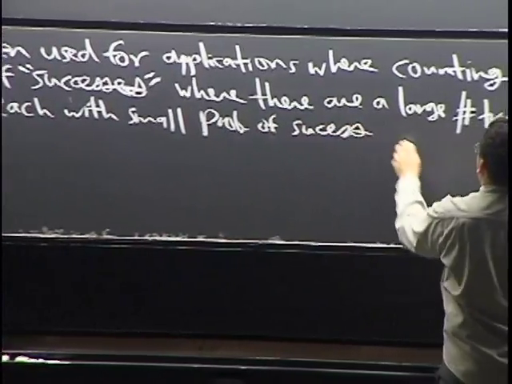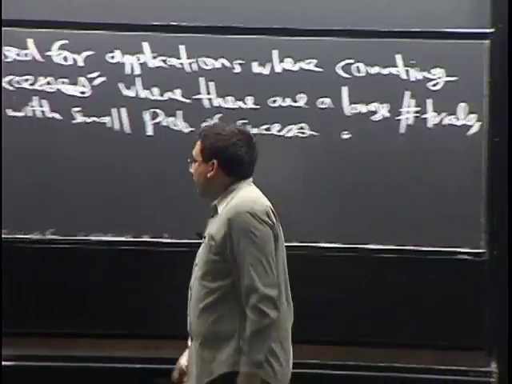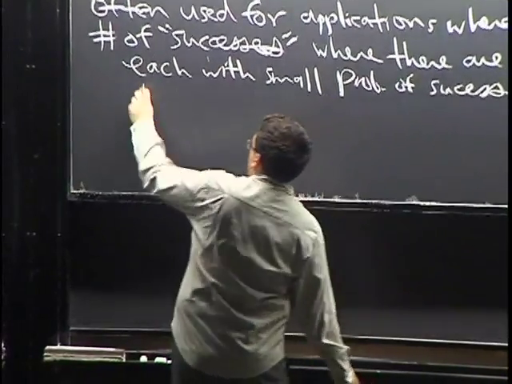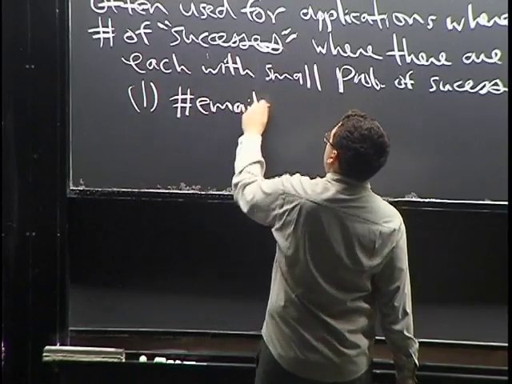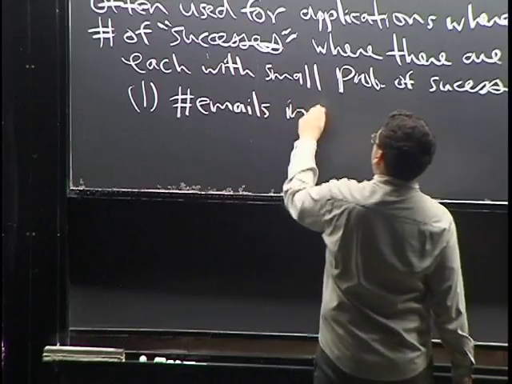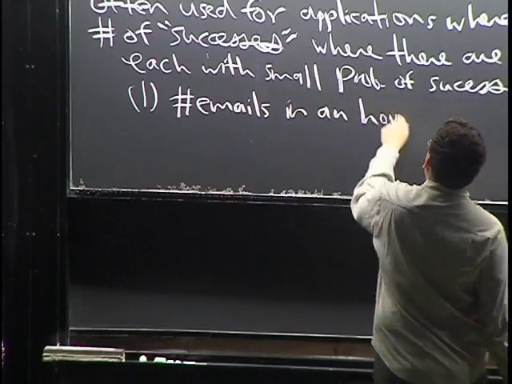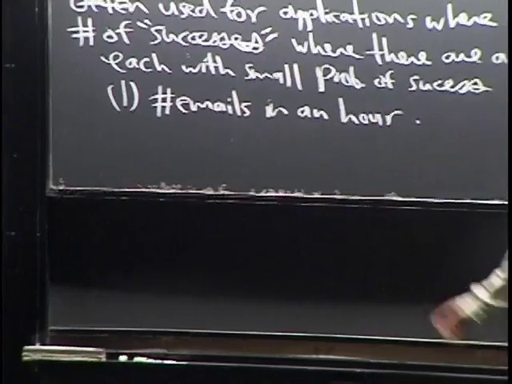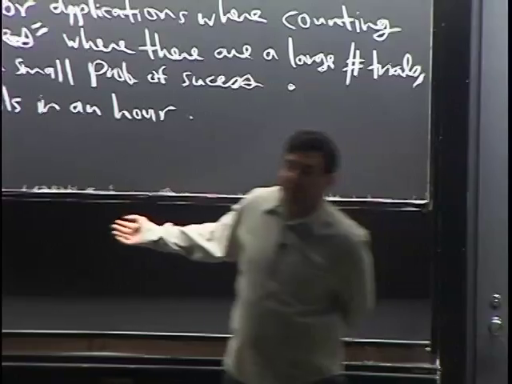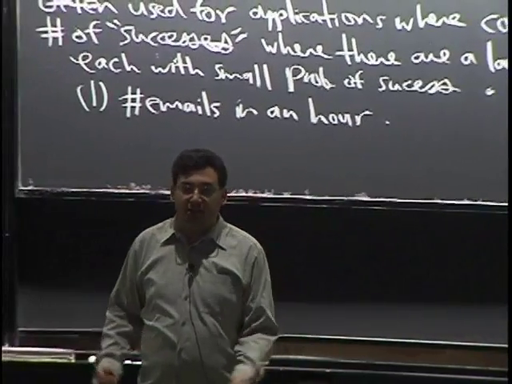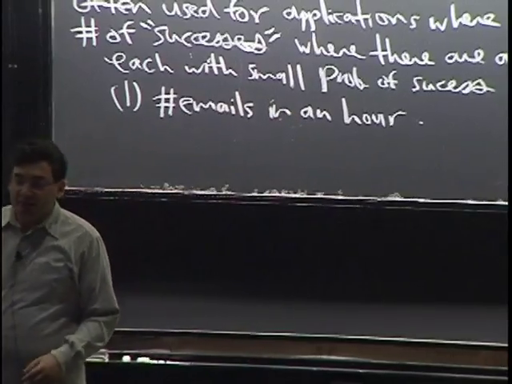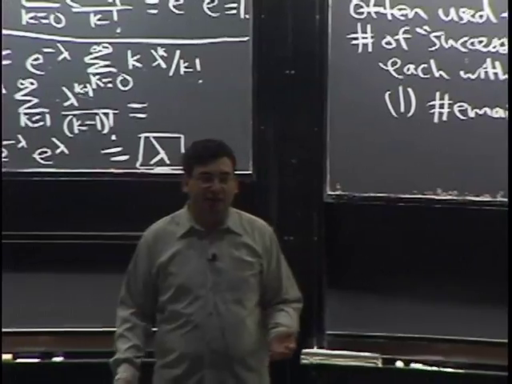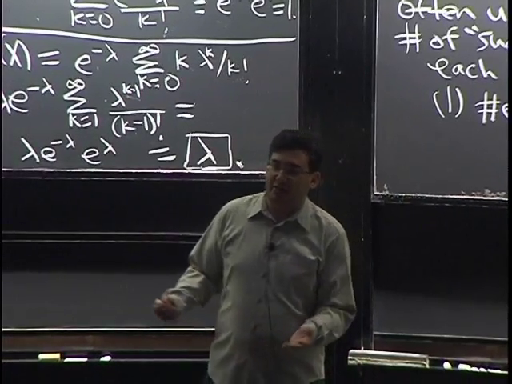So some examples would be the number of emails that you get in an hour. I'm not claiming this is exactly Poisson. To check whether the number of emails you get in an hour is a Poisson or not, you'd have to go collect data and see.